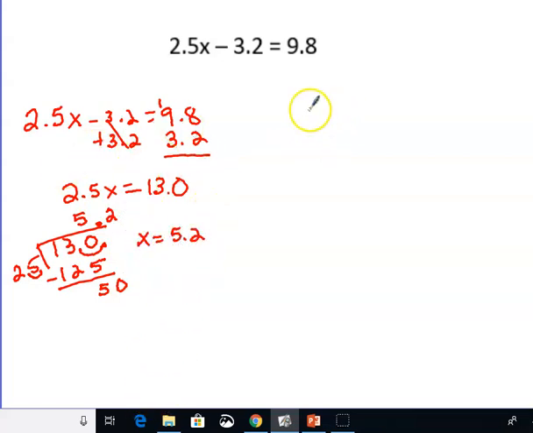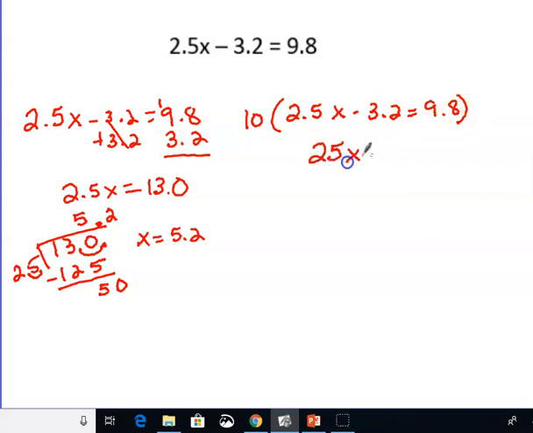But if you don't want to deal with all those decimals, another approach is to get rid of your decimals. I notice every one of these decimals has one digit after the decimal. So that means I can multiply everything by 10, and that will move every one of these decimals over one place.